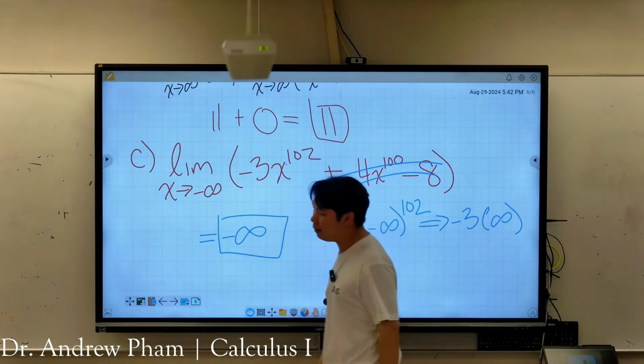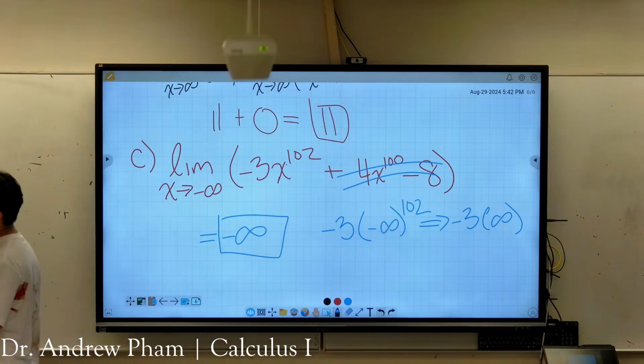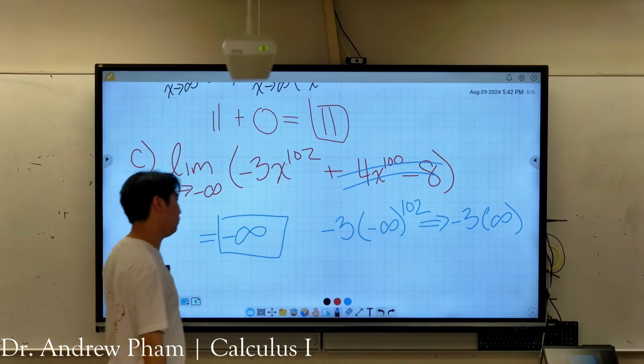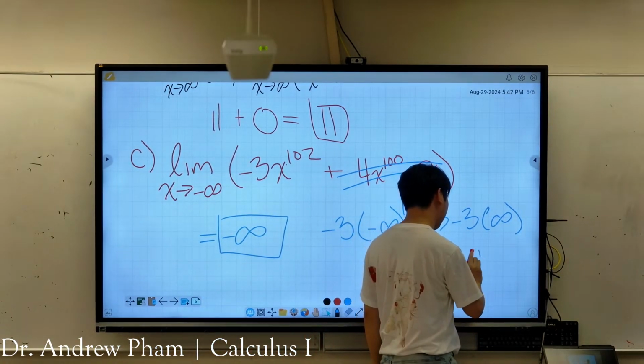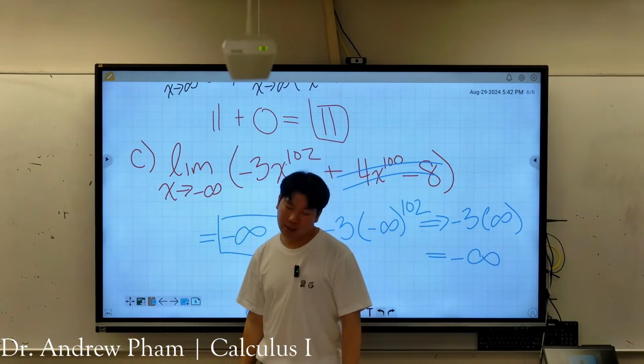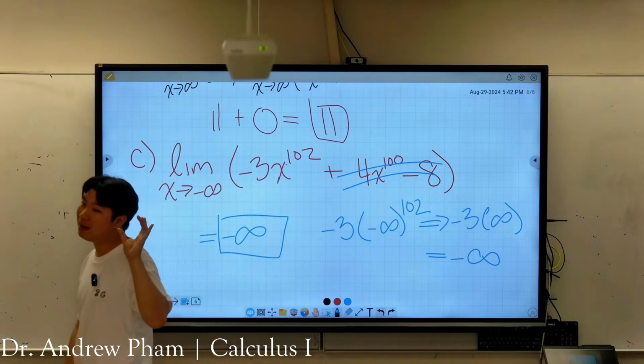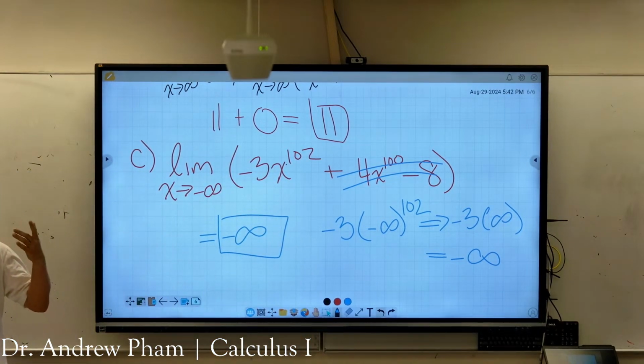A negative number times positive infinity, we get negative infinity. So even though I am breaking some rules, since infinity is not really a number, it can help us a little bit concept-wise.